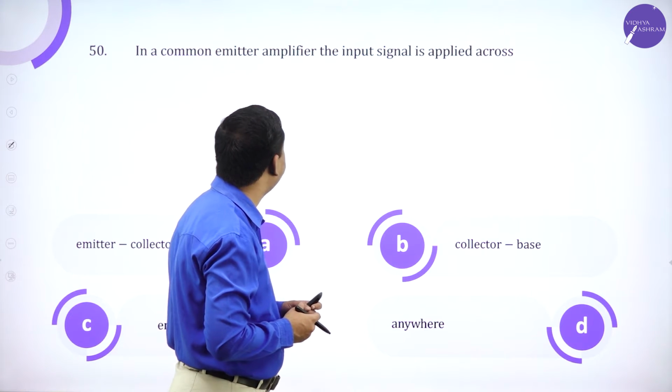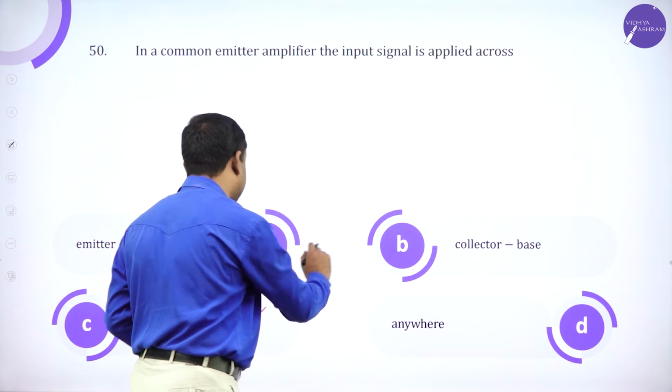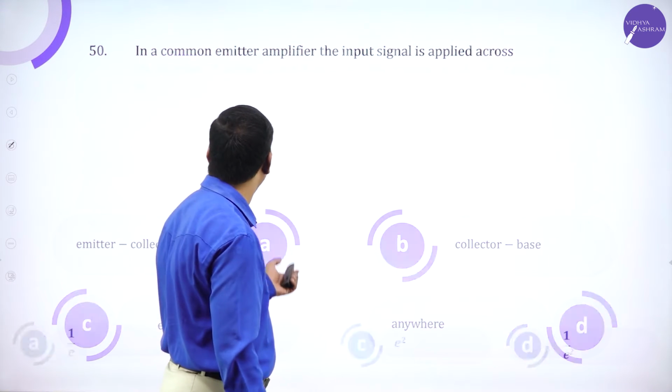Common emitter amplifier. The input signal is across the emitter base junction.